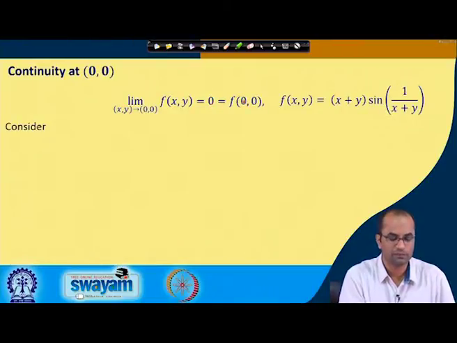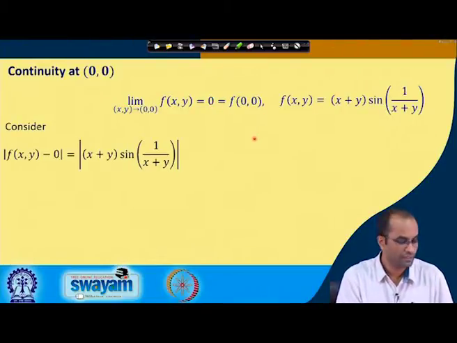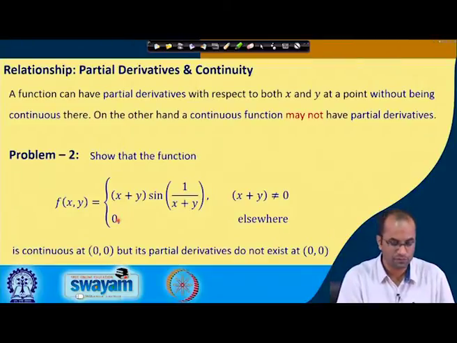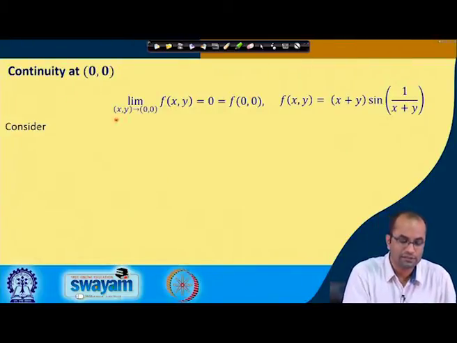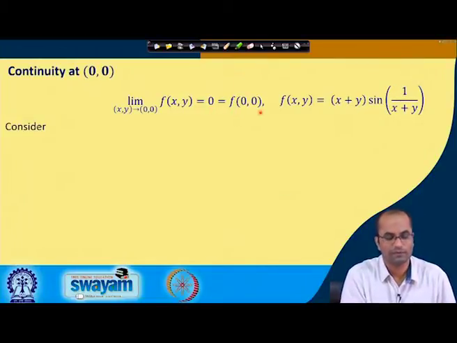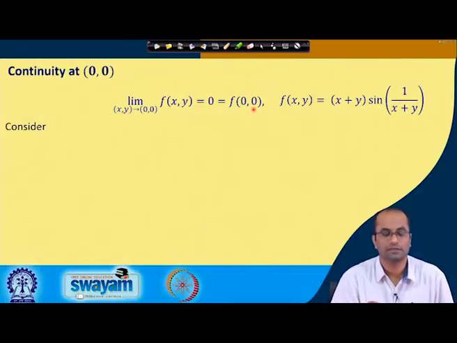Because the function value is 0 at 0 0, we will show that this limit is equal to the function value, and then the function is continuous.